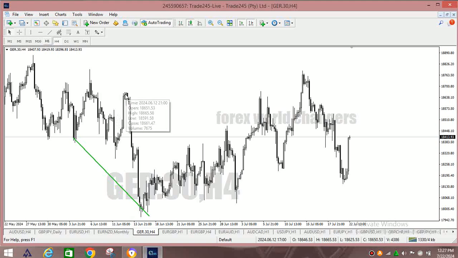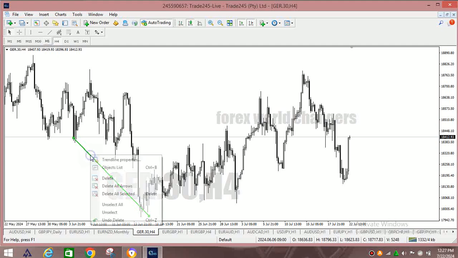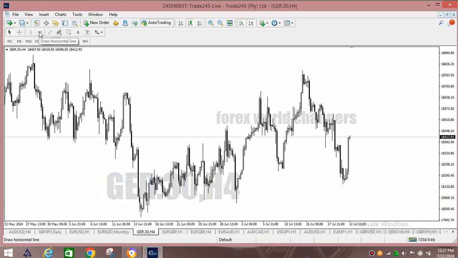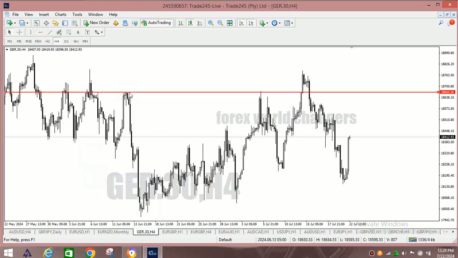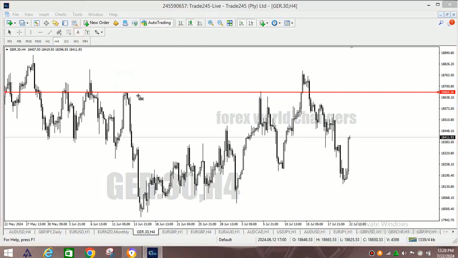You can see here, if I just draw a horizontal line, this is a clean resistance. You see this is on the exact same point as this one. So this is a significant resistance at this point here.